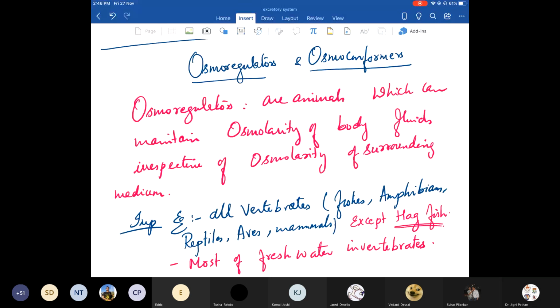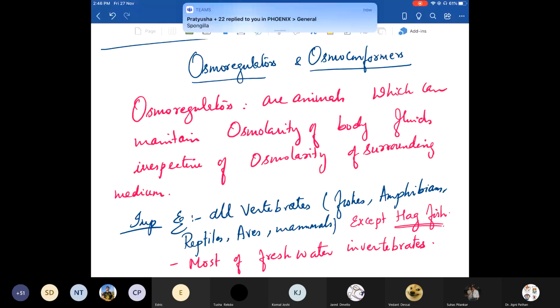Which is a freshwater poriferan? Tell me an example for freshwater. Spongilla, yes.